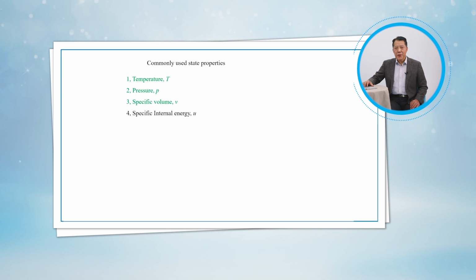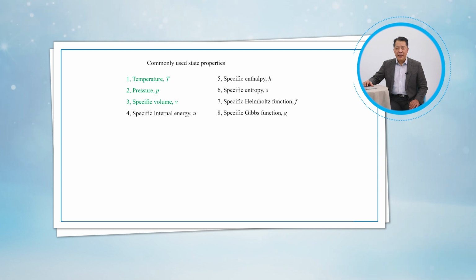Eight commonly used state properties are temperature T, pressure P, specific volume v, specific internal energy u, specific enthalpy h, specific entropy s, specific Helmholtz function f, and specific Gibbs function g.